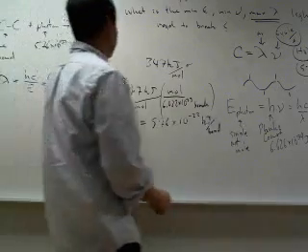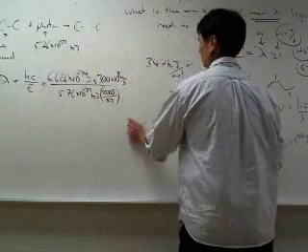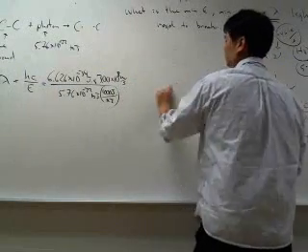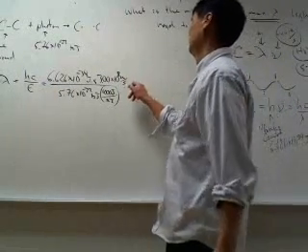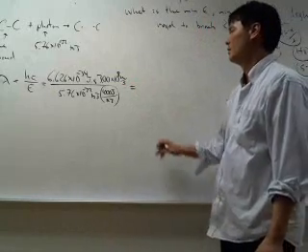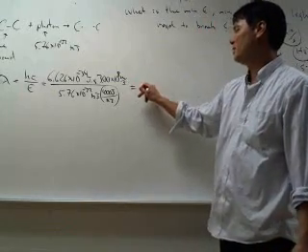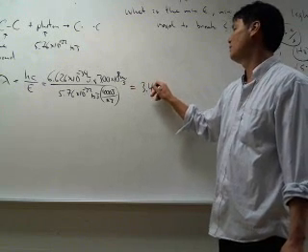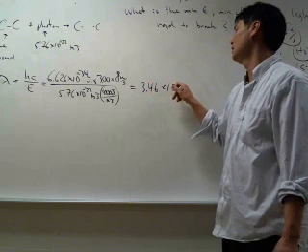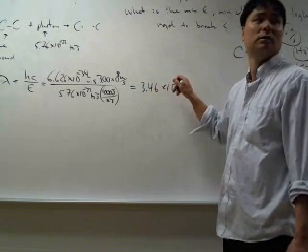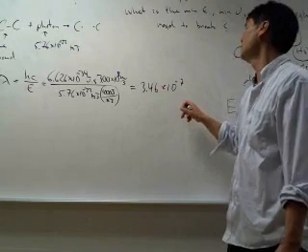And so what does the wavelength come out to? Give it to me in scientific notation. 3.46 times 10 to the negative 7 meters.